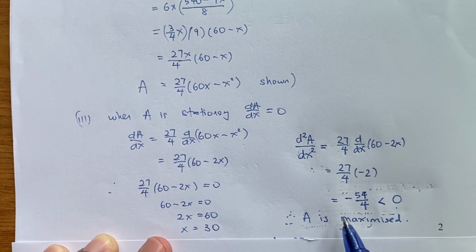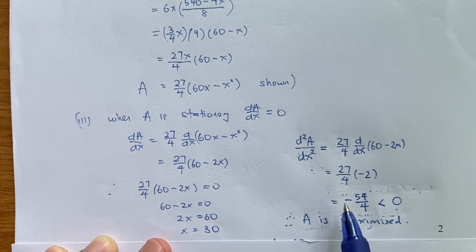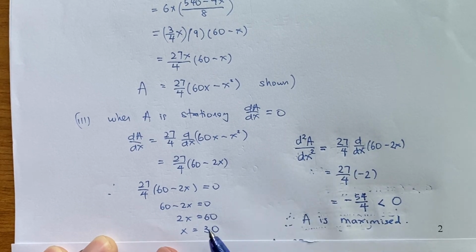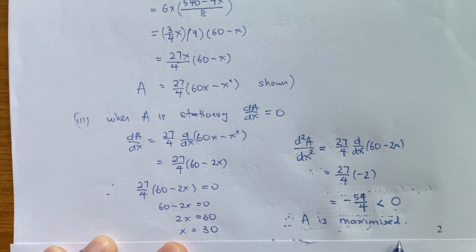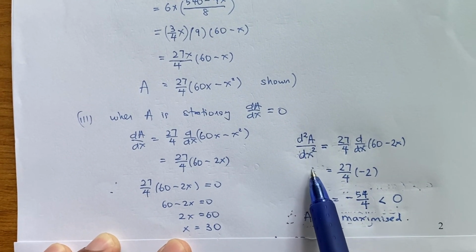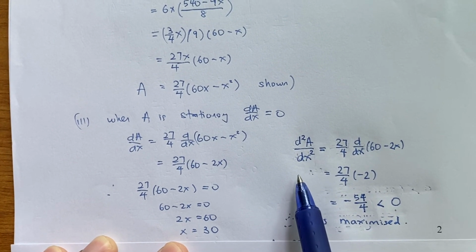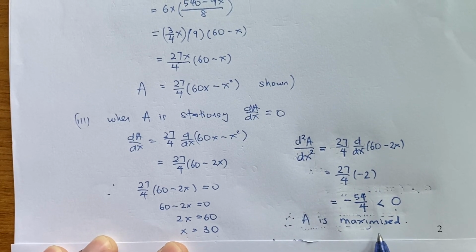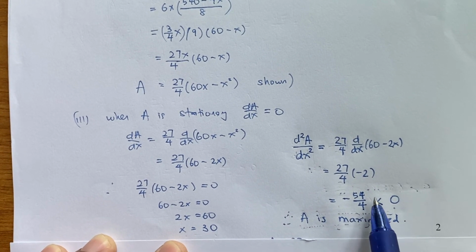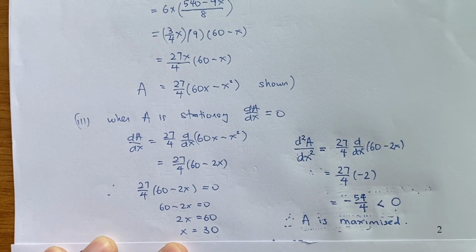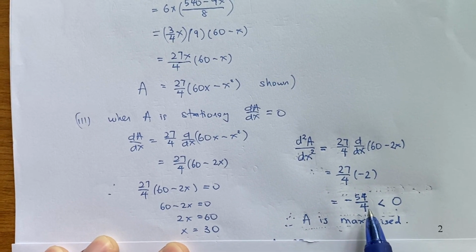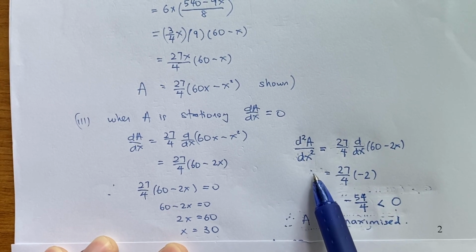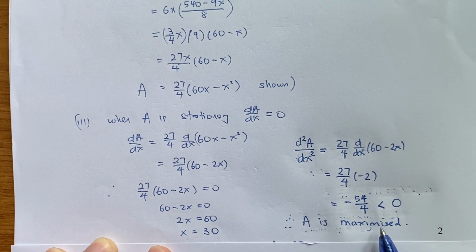In other words, whatever stationary value of x that we find, it has to be a maximum. So d2A/dx squared depends on the case. Sometimes it gives you a negative or positive value, and sometimes it gives you a formula in terms of x, and then you have to substitute x equals 30, for instance.